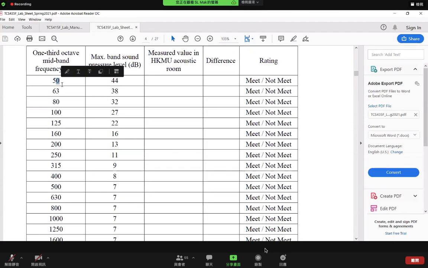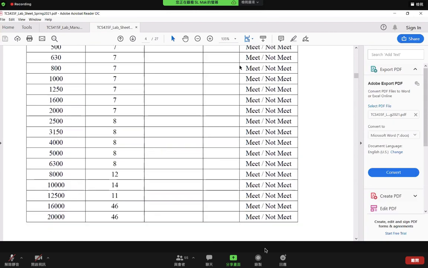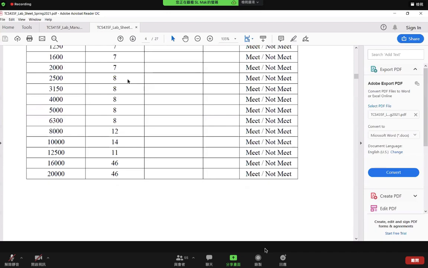At different frequency bands, you are required to check the measured value and compare it with the maximum band sound pressure level allowed, and calculate the difference. If the measured value is larger than the maximum band level, then it does not meet. If it is less than the maximum band sound pressure level, then the result is meet. You are required to fill in this table.